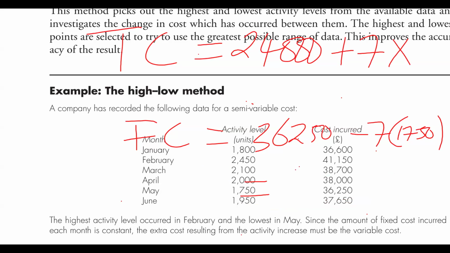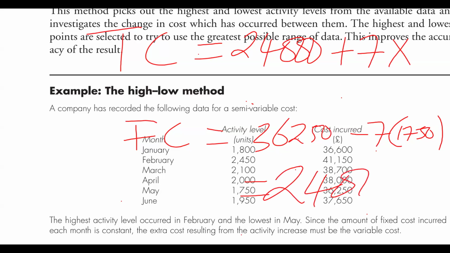Let me just compute. 36,250 minus 7 times 1,750. It is 24,000.